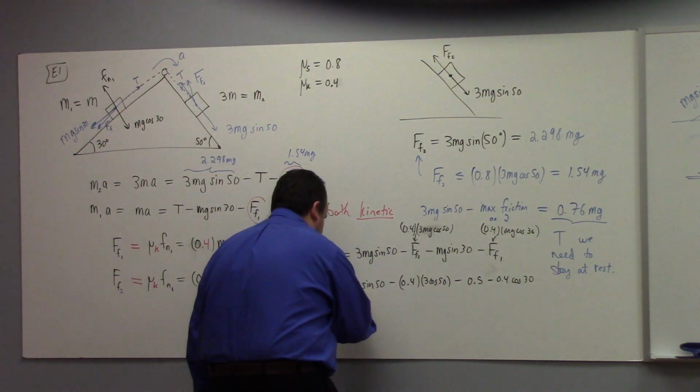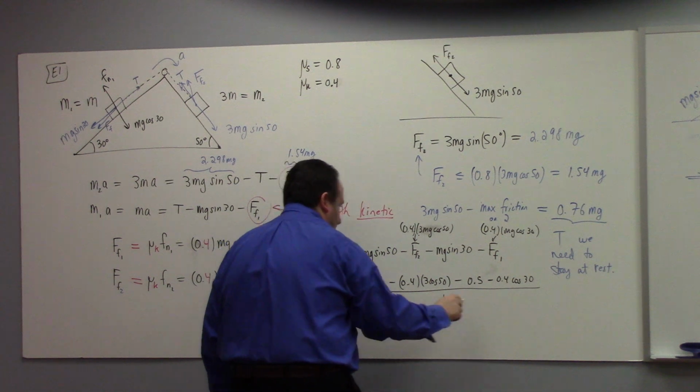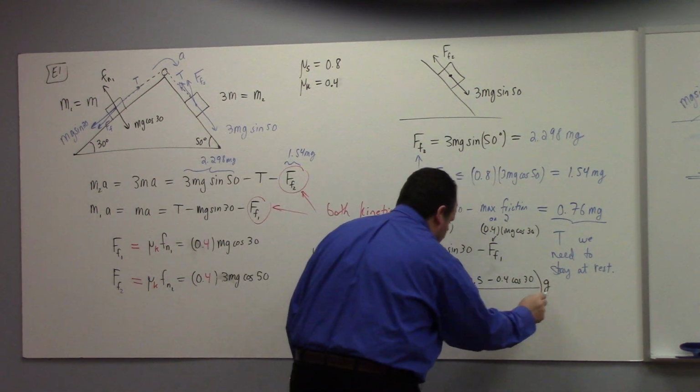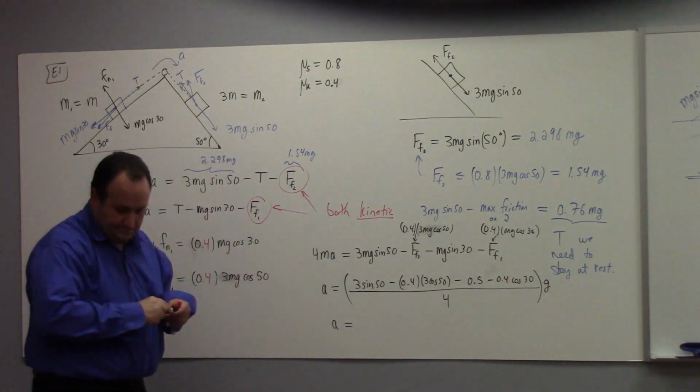And that's all divided by 4. And that gets multiplied by, factored out, a g. And so there you go. The acceleration is equal to whatever that is.